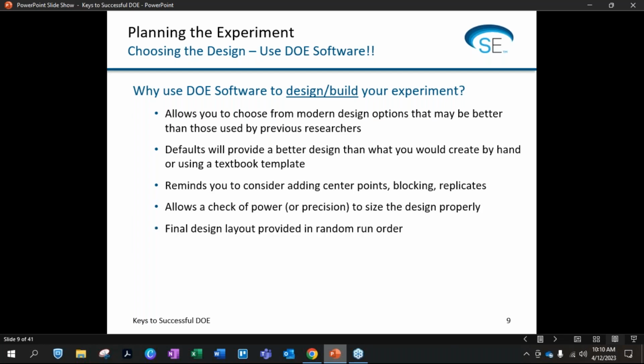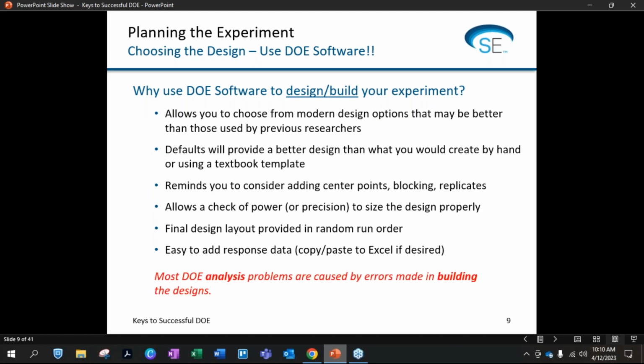And it's going to give you that final design layout in random order. I just named several topics that we're going to be talking about more in this session. And then, of course, the software is going to allow you to copy and paste to Excel to easily add your response data in.